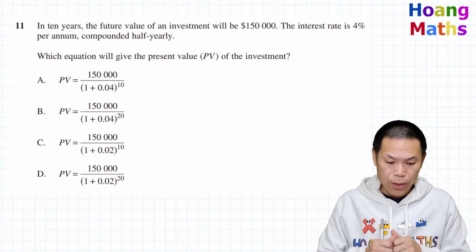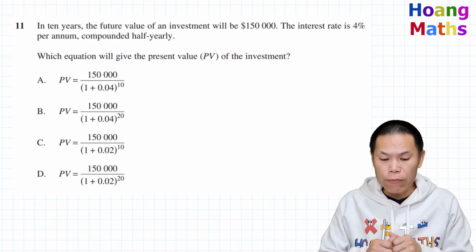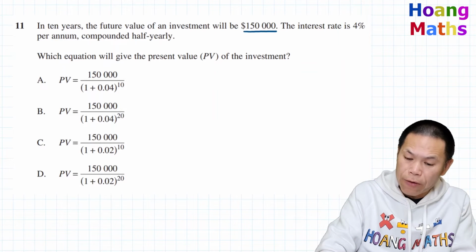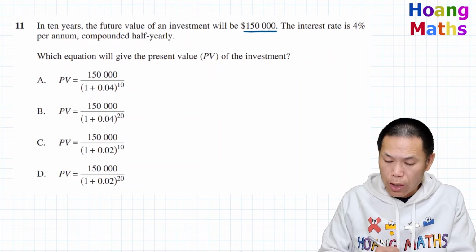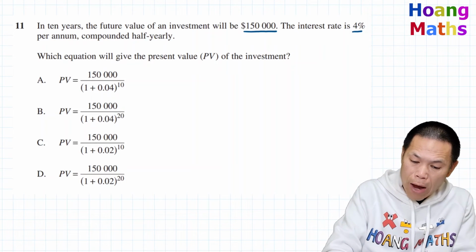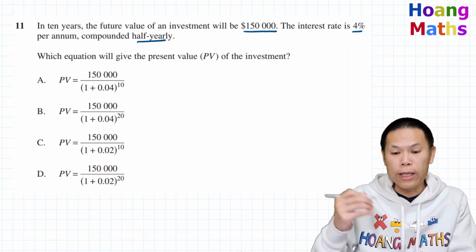Question 11. In 10 years, the future value of an investment will be $115,000. The interest rate is 4% per annum, compound half yearly. So let's work this out first.